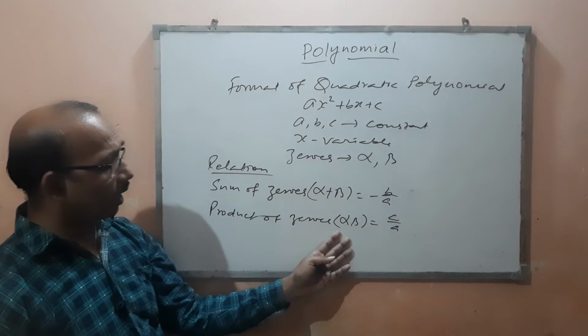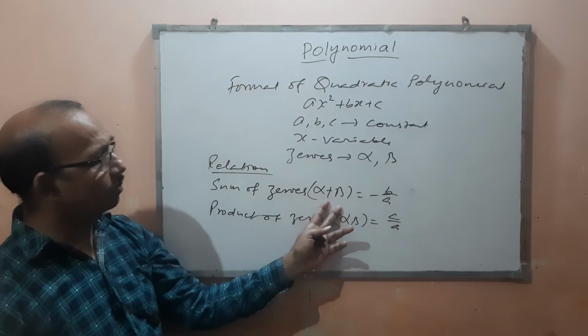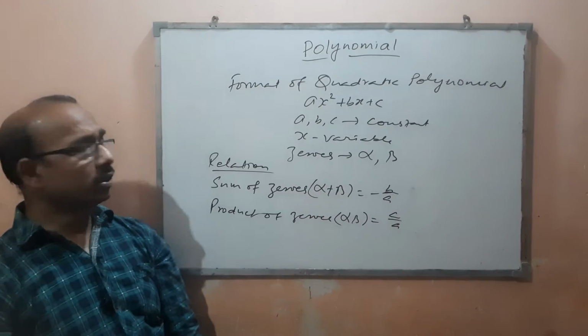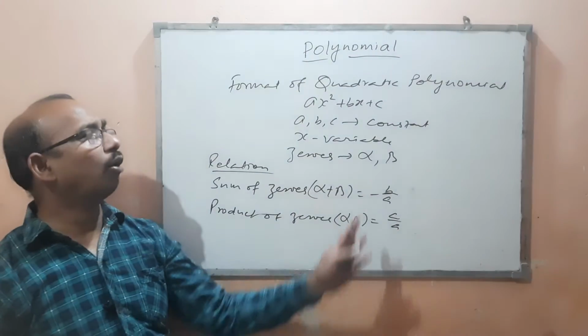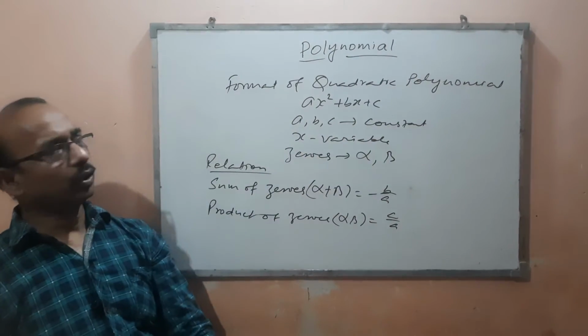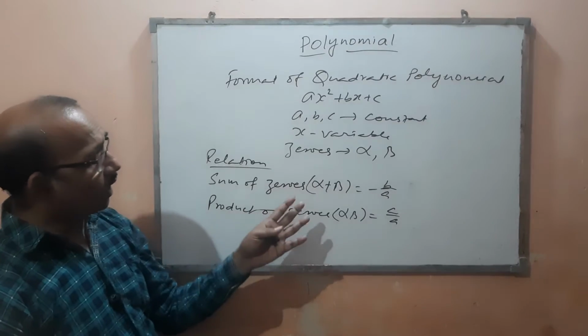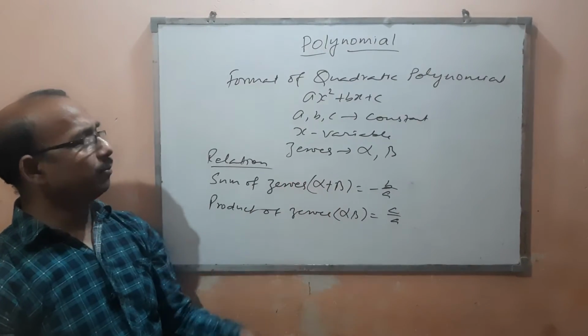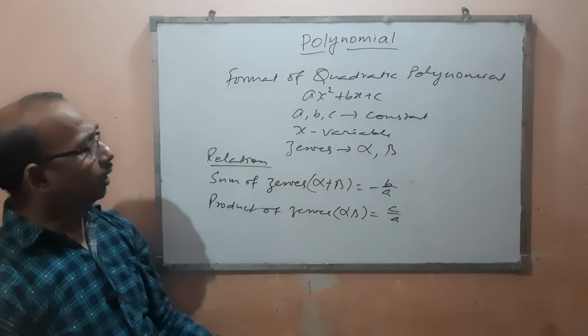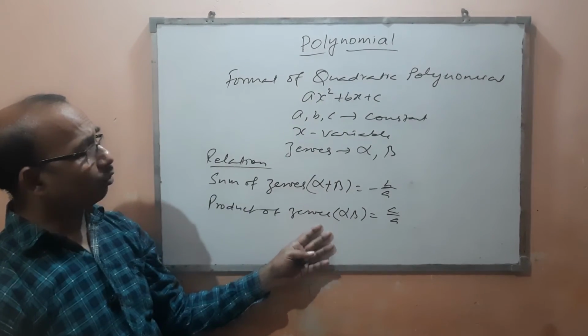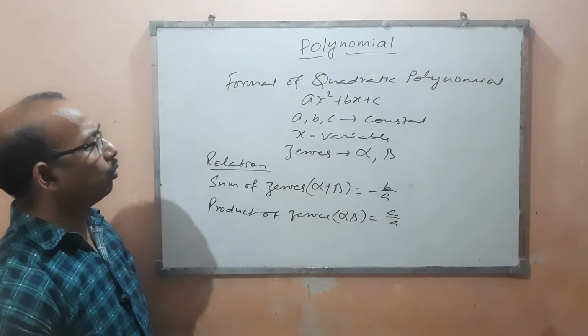So alpha beta is equal to c upon a and alpha plus beta is equal to minus b upon a. This is the relation between the zeros and the coefficients of x square and x. You can use these relationships to verify the factors, and to solve questions.